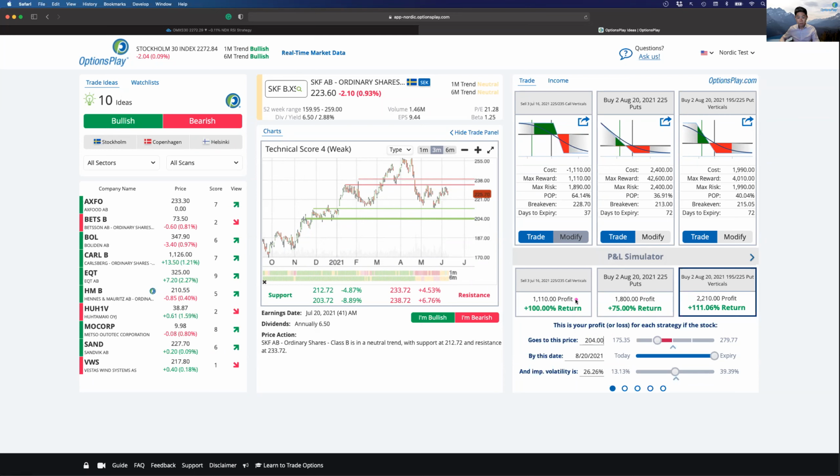As you can see, the debit spread still outperforms the credit spread 2-1. So even if you get just a modest move down to 204, the debit spread is going to outperform the credit spread 2-1. That's why you shouldn't always sell credit spreads, because if you expect the stock to move, you're going to get far more profits for the same amount of risk when you trade a debit spread versus a credit spread. Does that make sense?